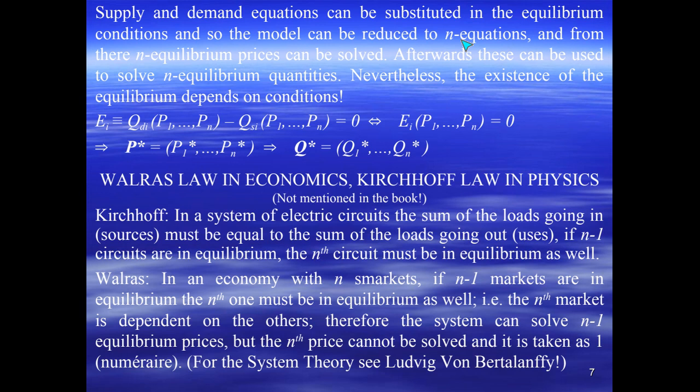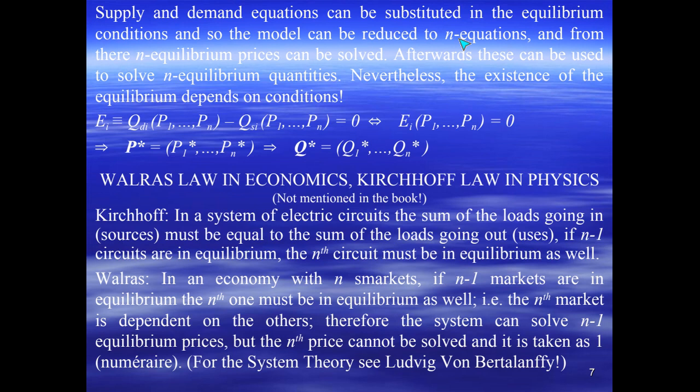They are reduced into the equilibrium conditions, which we have n of. And from there, n equilibrium prices can be solved, of course. We have n equations with n prices, P1 to Pn.